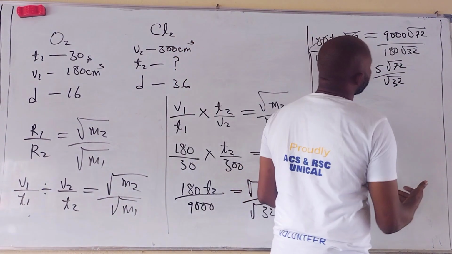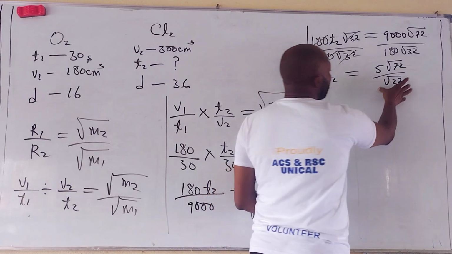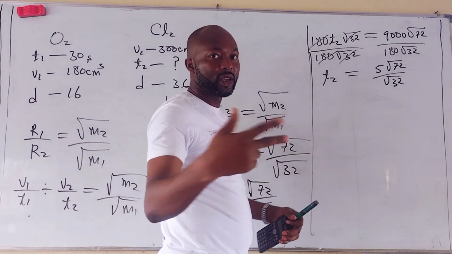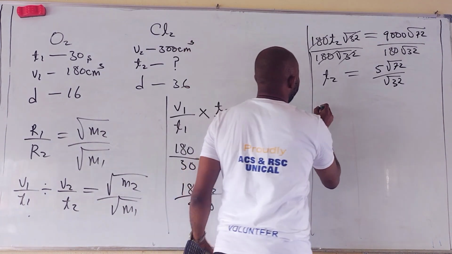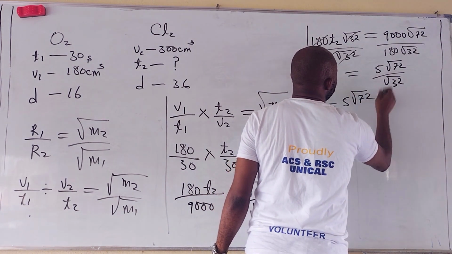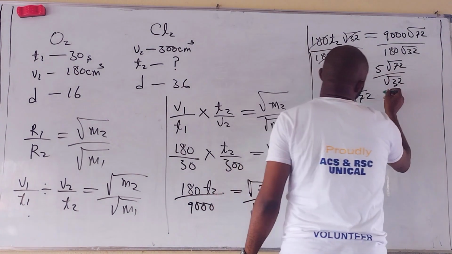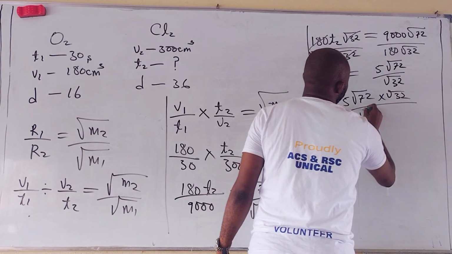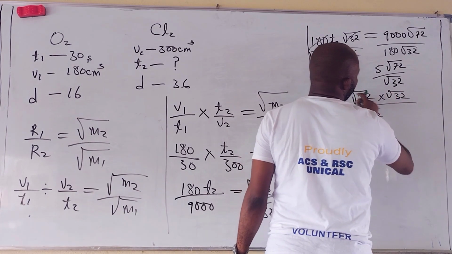So in surds, we say we never leave a root sign down. So what do we do? We rationalize. I have T2 is equal to 5 root 72 times root 32 over root 32.